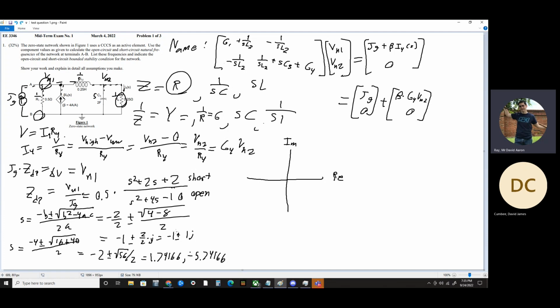So from looking at this, we have our zeros equals negative 1 plus or minus J. So that's going to be negative 1 is going to be right here. And that is going to be plus or minus 1. Something like that.